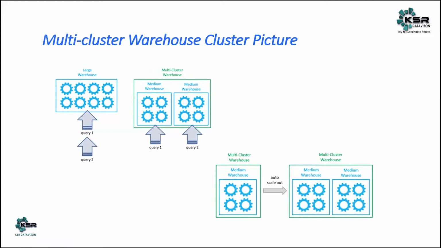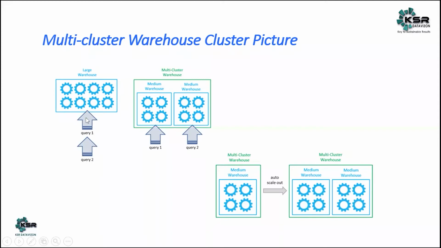So in that case, we create a multi-cluster warehouse. For each query, it will auto scale and provide the warehouse size you have selected, to run that particular query and fetch the results as fast as a single cluster would.